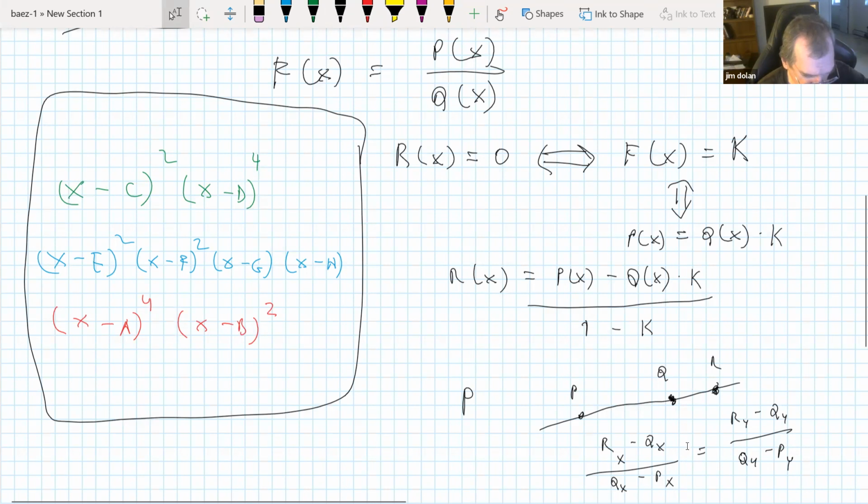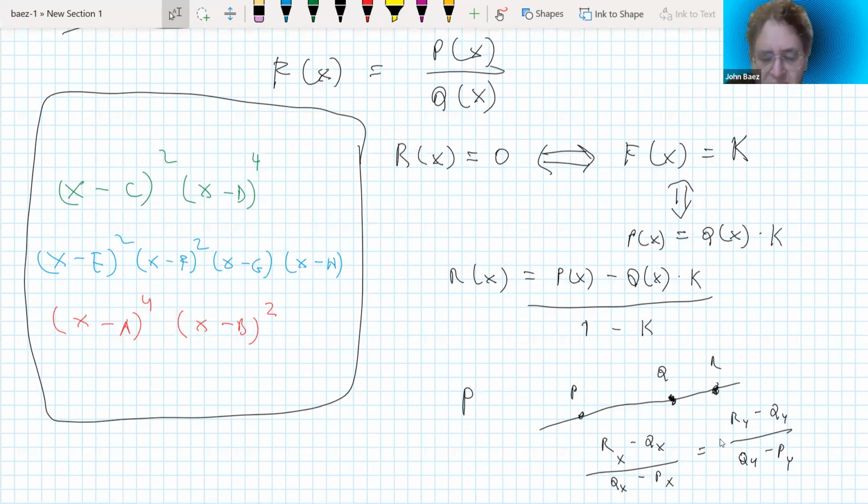What am I trying to say? The Q's. There's a QX times QY on both sides, in both cases. So that gets you down from 8 terms to 6 terms.